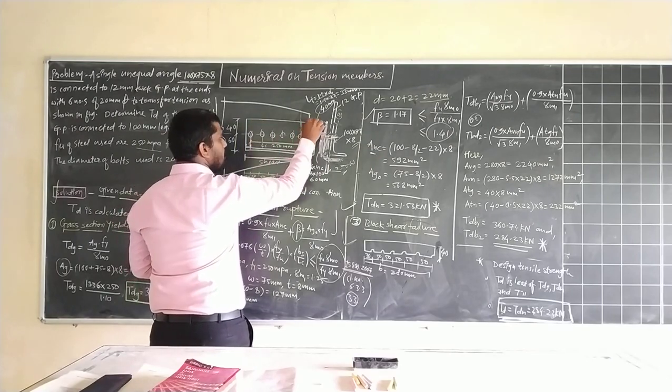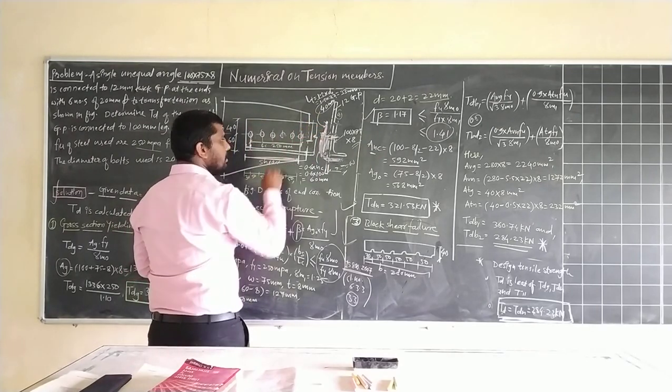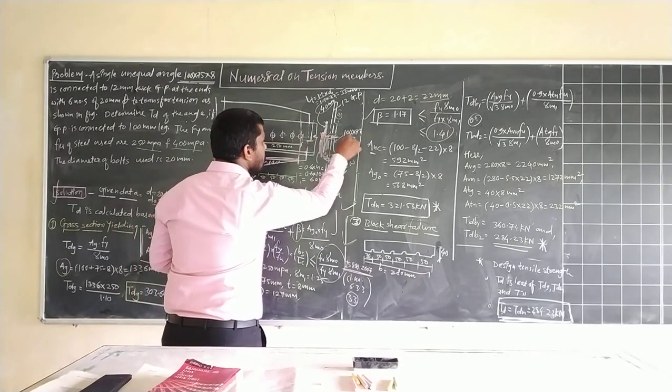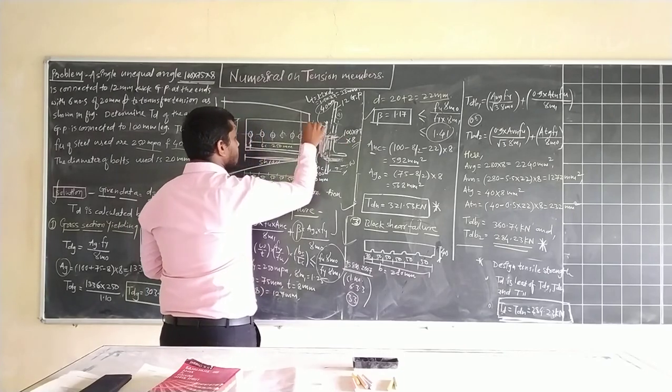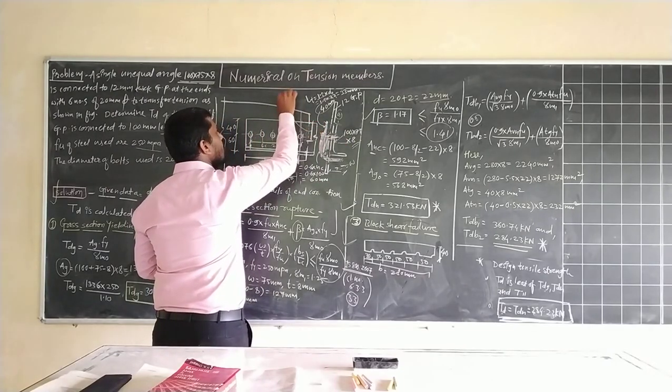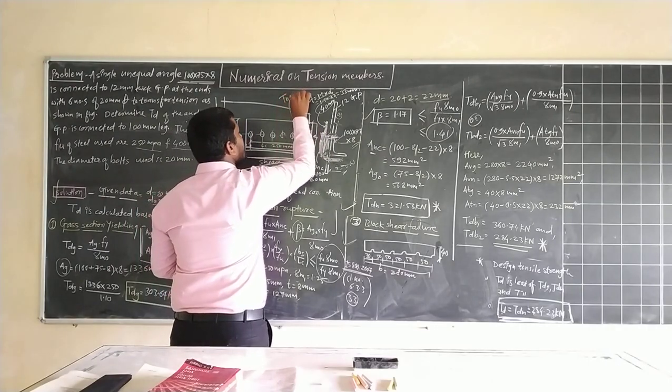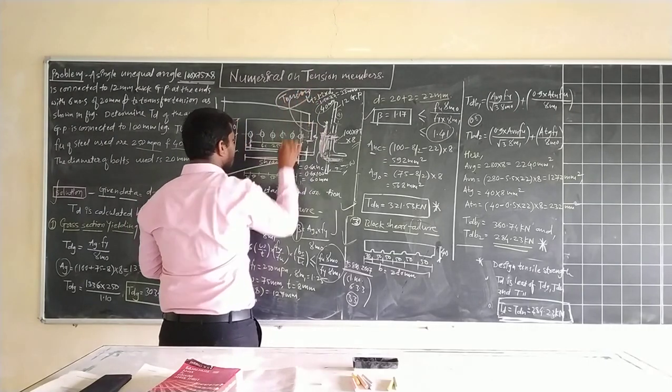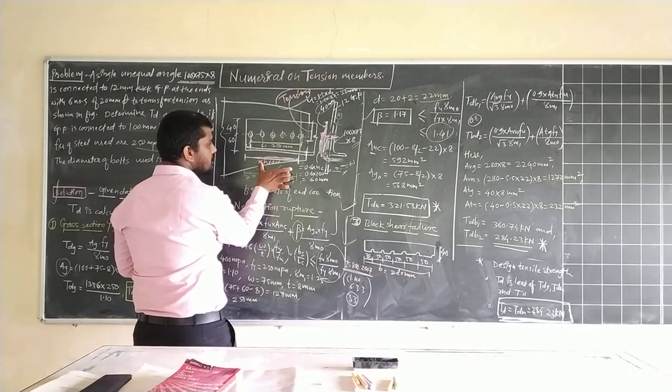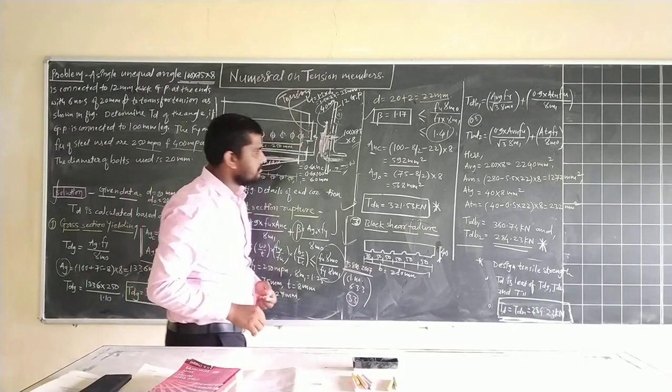And this part in the vertical direction, perpendicular to the direction of load or force, is called the tension area.